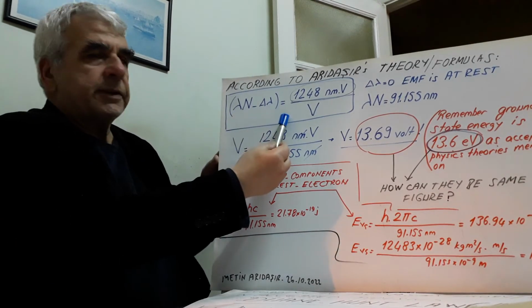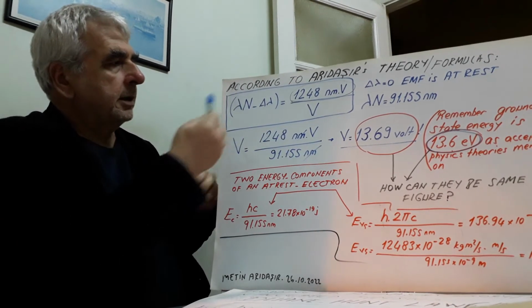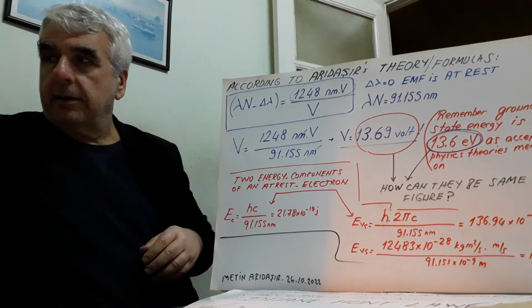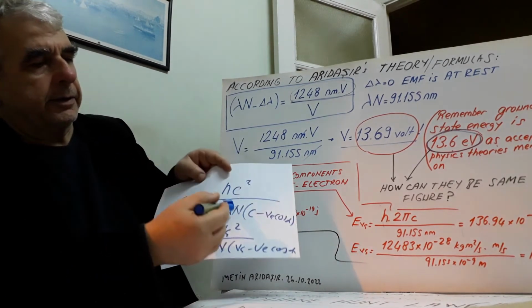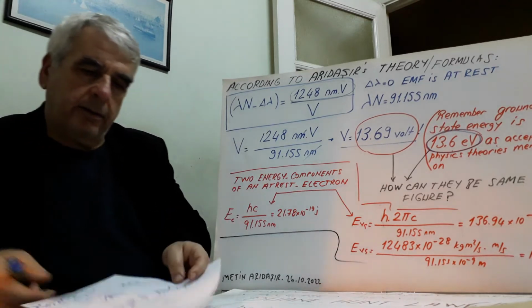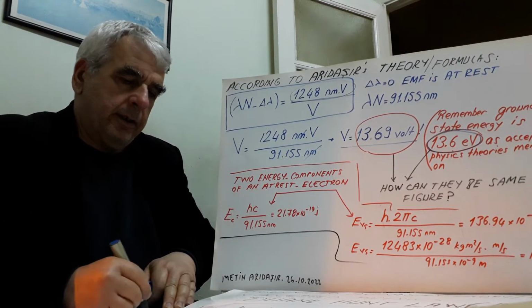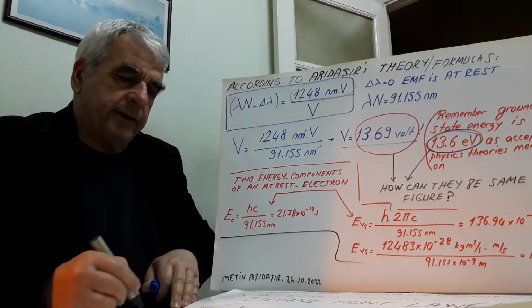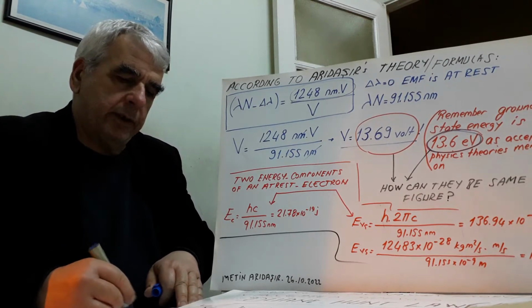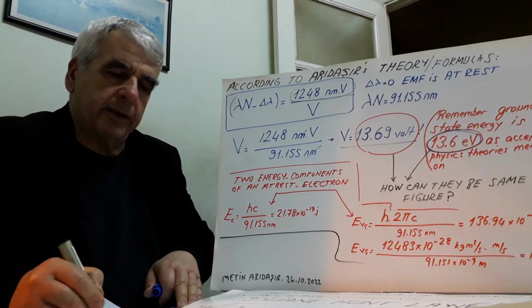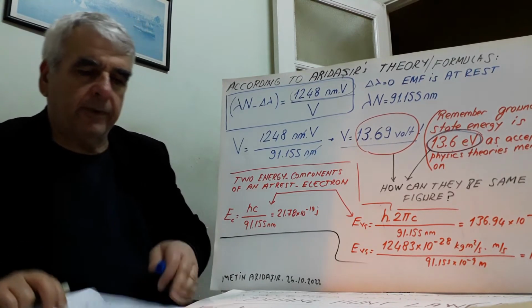Now, this is my formula. Lambda n minus delta lambda, like this. Okay. Wait a moment. Energy is equal to hc divided by n square, (lambda n minus delta lambda cosine alpha).